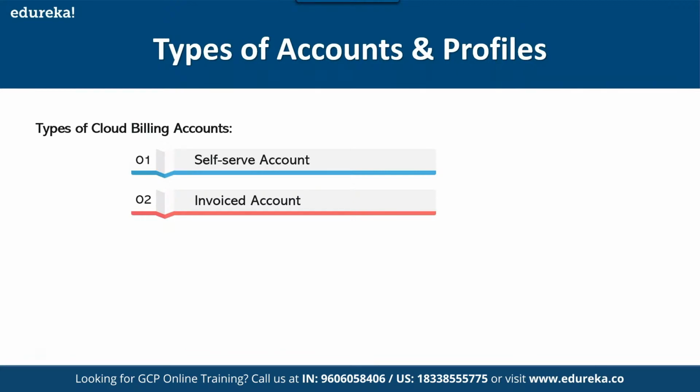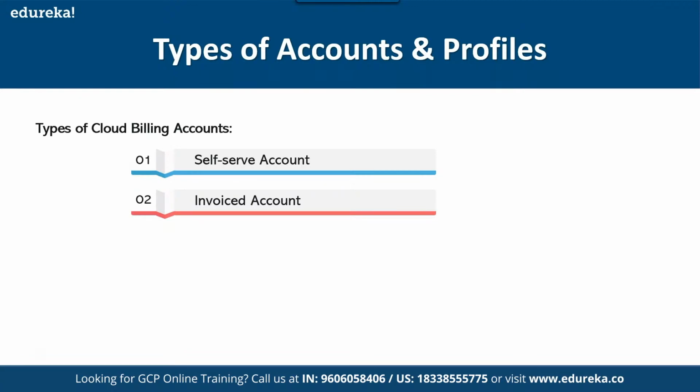A self-serve account basically means it's self-service. Whenever you use the resources, you pay for it. Second is the invoiced account, in which you're going to get an invoice. You can set up the frequency, like whether you want to pay monthly or specify a duration, and then you're going to get the invoice based on it. That's the type of cloud billing account.